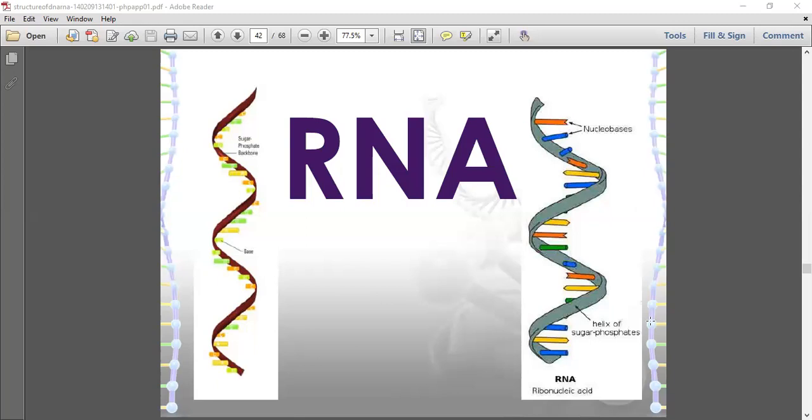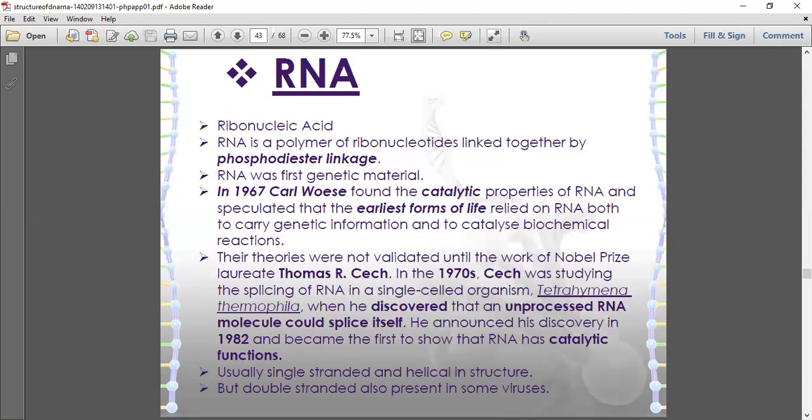Okay. So the basic difference between RNA and DNA is the letters D and R. NA is the same as nucleic acid. RNA stands for ribose nucleic acid and DNA stands for deoxyribose nucleic acid.